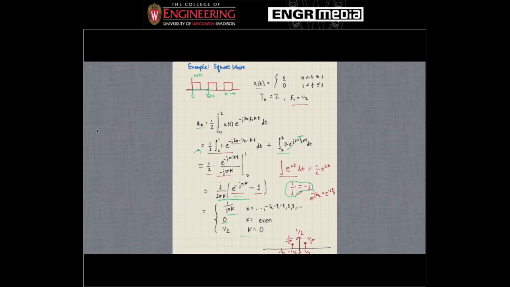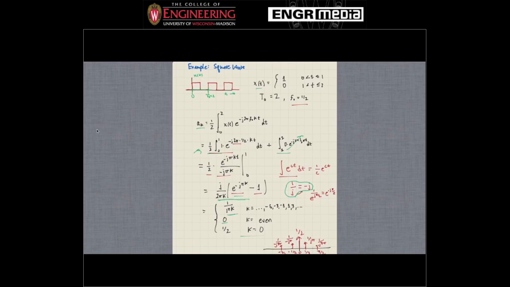The number I'm going to write next to this, which should be getting smaller, is 1 over j 3 pi, and down at the negative frequency it's going to be 1 over minus j 3 pi.